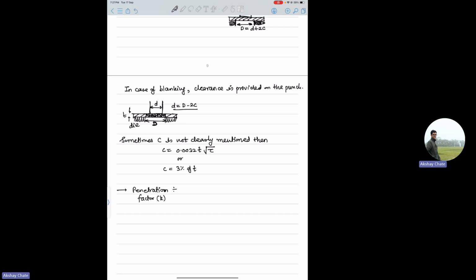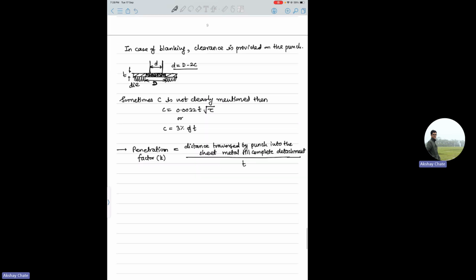It is nothing but the ratio of the distance traveled or traversed by the punch into the sheet metal till complete detachment, divided by the thickness of the sheet metal.